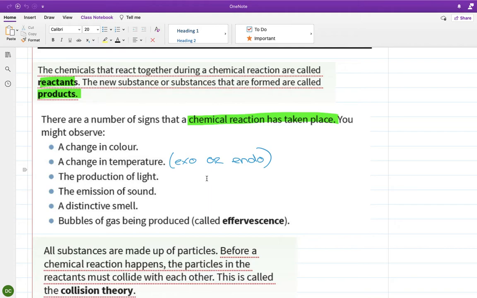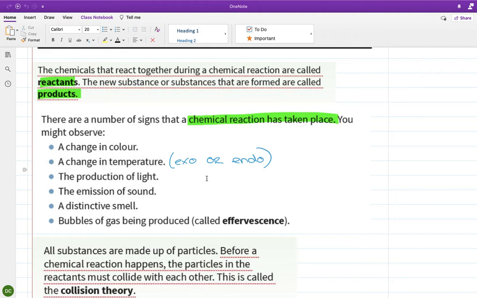So you might get a production of light, an emission of sound. We were saying that when burning occurs, there is a sound. A distinctive smell, you could actually put that with burning as well. And there's plenty of chemical reactions that we do in the lab that end up with a pretty horrendous smell. And bubbles of gas being produced. So the experiments that we're going to do in this chapter, one of the experiments is producing carbon dioxide gas and one of the experiments is producing oxygen gas.